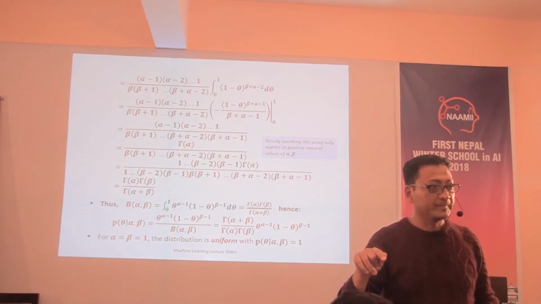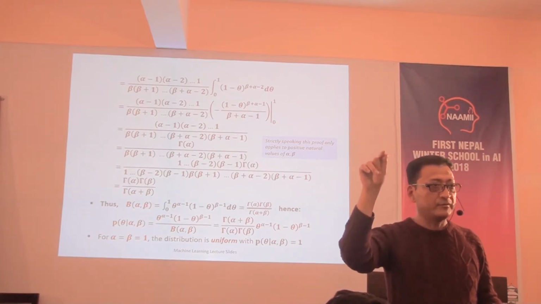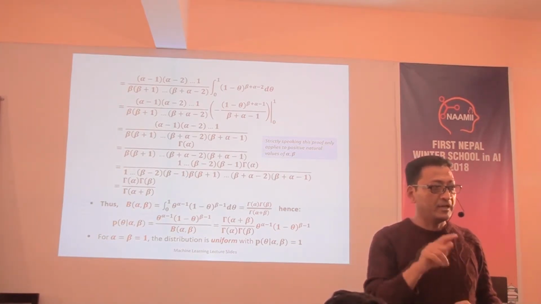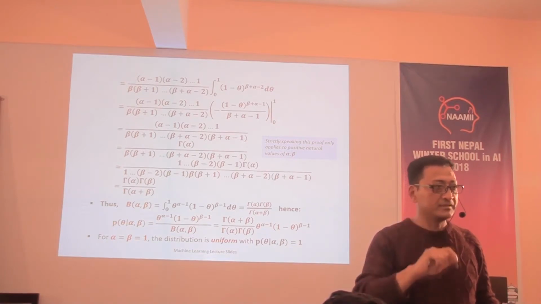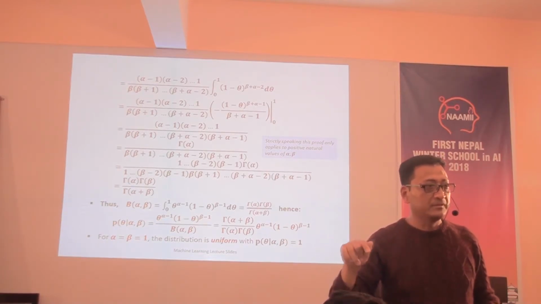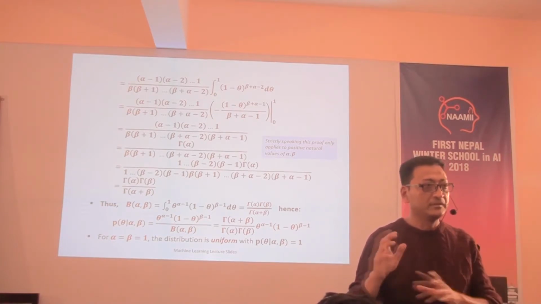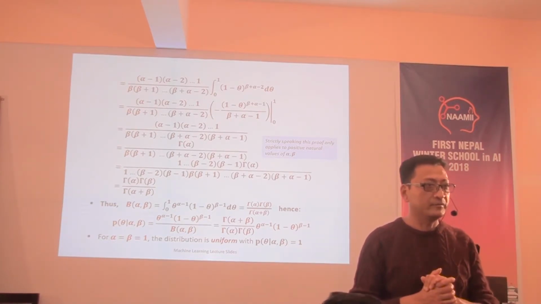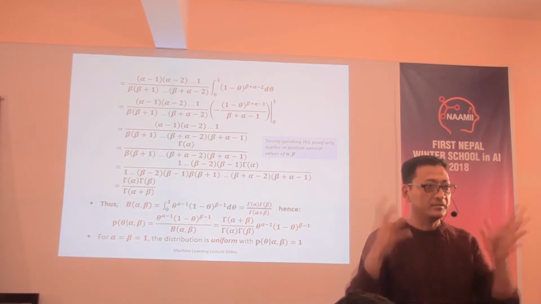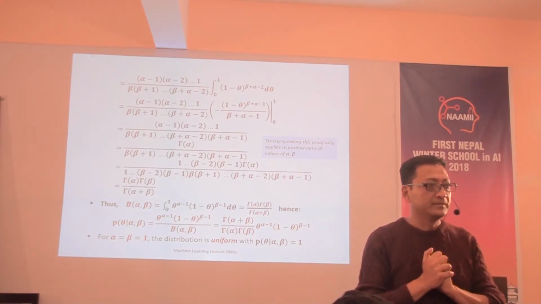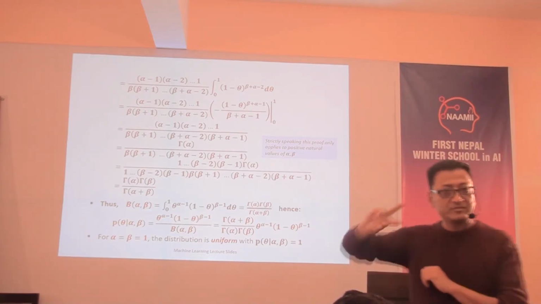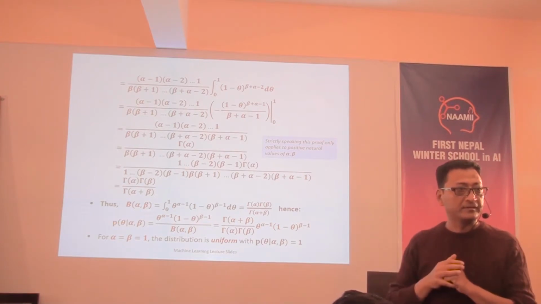So you have n factorial divided by h factorial, the number of heads, times t factorial, the number of tails, or k factorial times n minus k factorial. n minus k is the number of tails. So this is just the reverse of that.